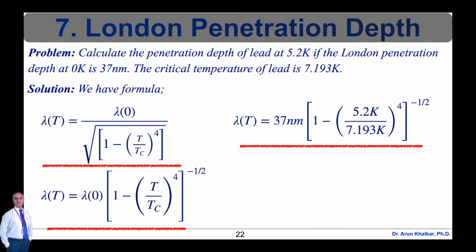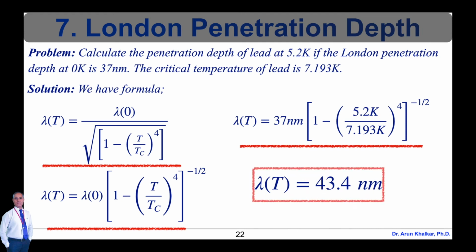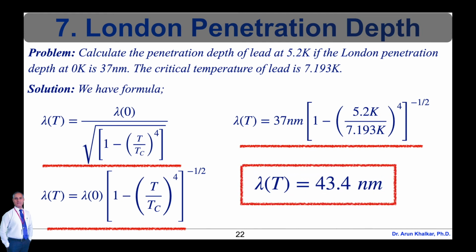So simply by calculating this equation, we can write λT = 43.4 nanometer. So this is the London penetration depth.